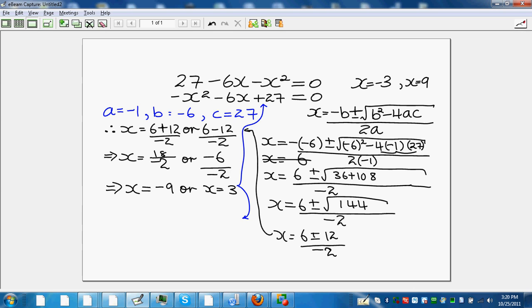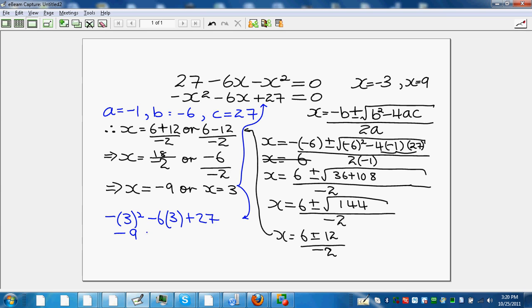After that, we'd say minus 3 squared minus 6 by 3 plus 27. Let's see what happens. Minus 3 squared. So we're going to square the 3. 3 squared is 9. So this becomes minus 9.